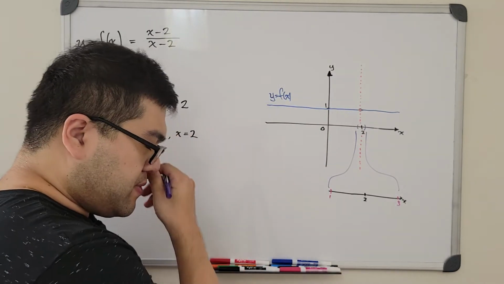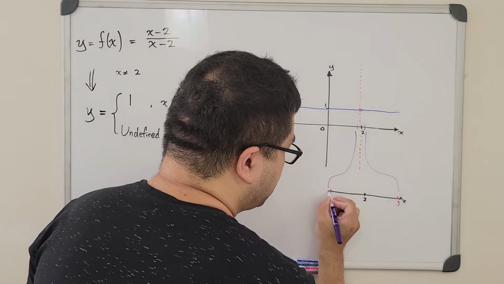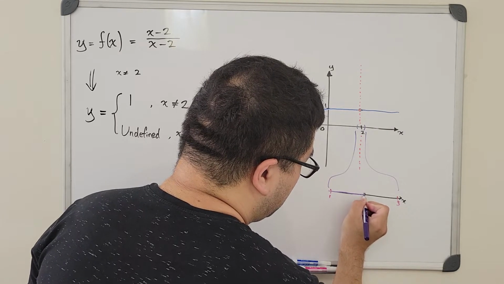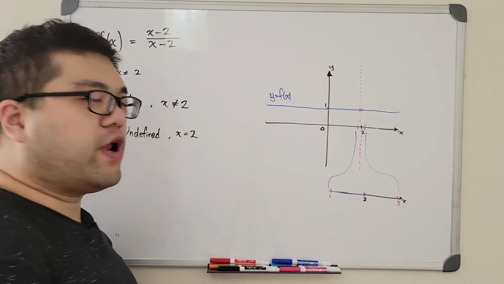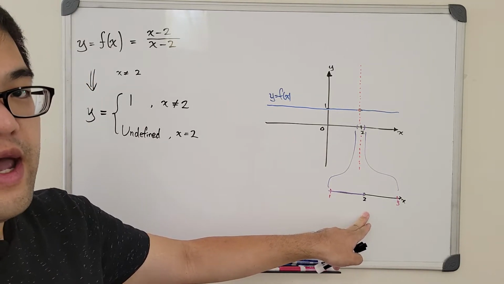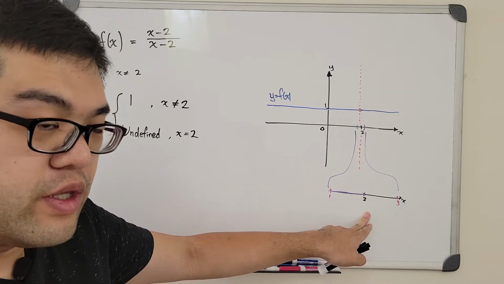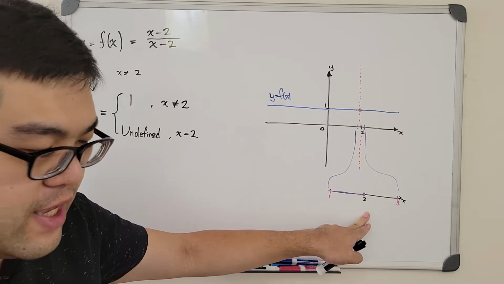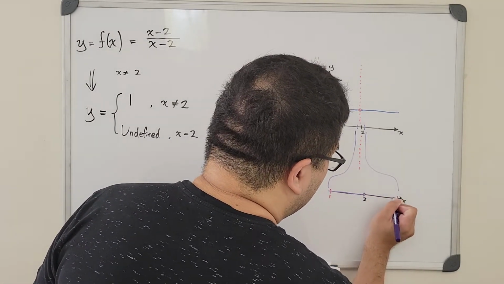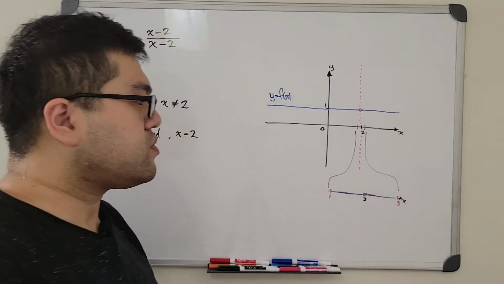Then for this function here, we are going to include everything right here before it hits the 2. How close can it be? Again, arbitrarily close, meaning that you can get as close as you want, but not hitting it. Similarly, from the right hand side, we can approach it as close as we want, like this.